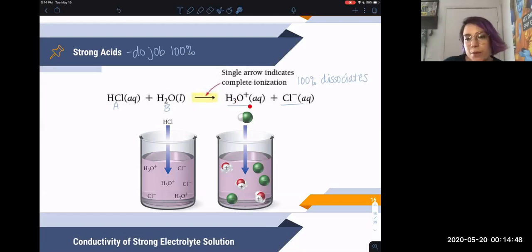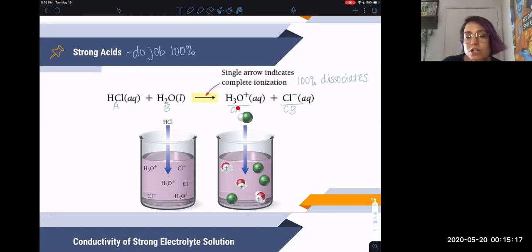Is hydronium a conjugate acid or a conjugate base? Yeah, it would be the acid, right? You see that hydronium has an H. Chloride cannot be a conjugate acid because it doesn't have H to give. Acids have to give H. The only one that has H over here is the hydronium. So it would be the conjugate acid. And that means chloride would be the conjugate base.